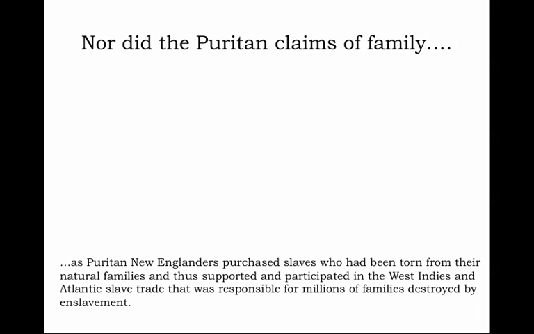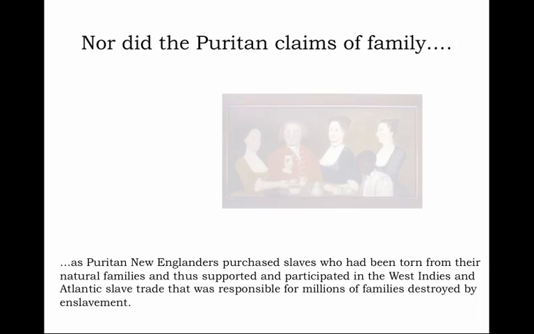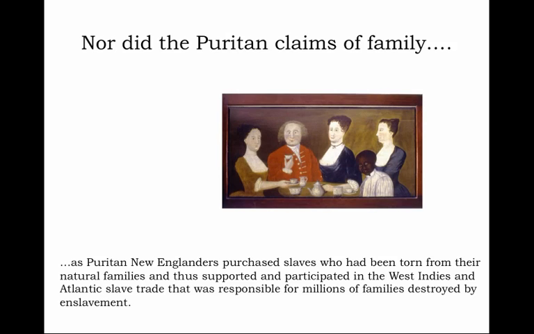Nor did the Puritan claims of family extend to everyone, as Puritan New Englanders purchased slaves who had been torn from their natural families and thus supported and participated in the West Indies and Atlantic slave trade that was responsible for millions of families destroyed by enslavement.